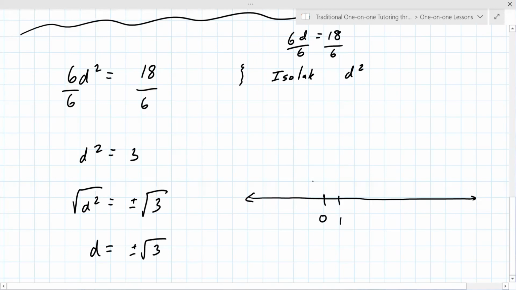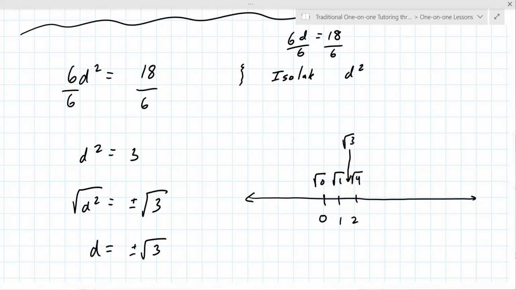On top, I'm going to write the square root. This is the square root of 0, and this is the square root of 1. This is 2, so this is the square root of 4. The square root of 3 is somewhere in the middle. Is the square root of 3 1.5? No, it's not perfectly in the middle. Okay, now I understand your question.